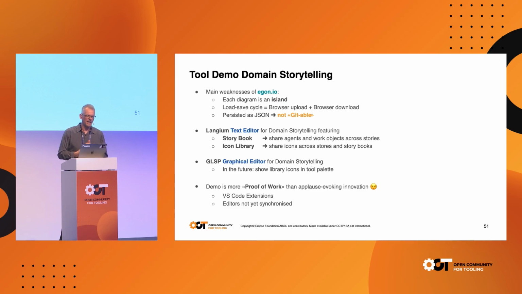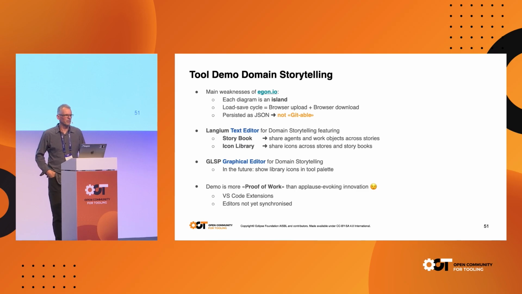And I've added an icon library which lets you store and reuse multiple of the icons across many of your diagrams. So you change it in one place, you change it everywhere. And I've used Google Material icons for this because there's 1,000 of them. Actually, the guys from Domain Storytelling, the Egon IO, they do the same thing. I copied them as much as I could because I think they've done a great thing.